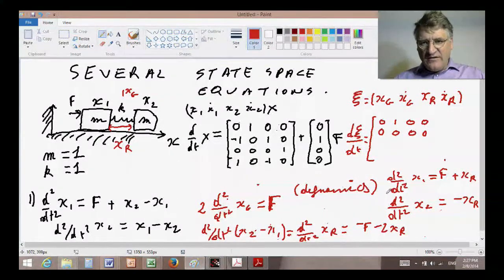On the other hand, d dt of xr is equal to xr dot, so this gives us a 0, 0, 0, 1 entry in the A matrix. And d dt of xr dot is equal to minus 2xr, so it will be 0, 0, minus 2, 0.